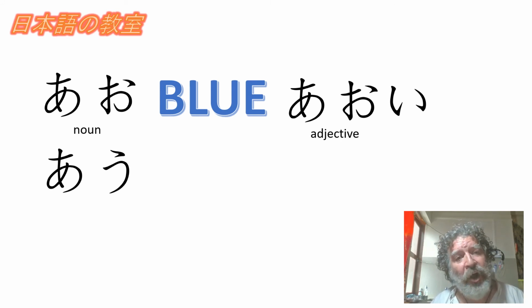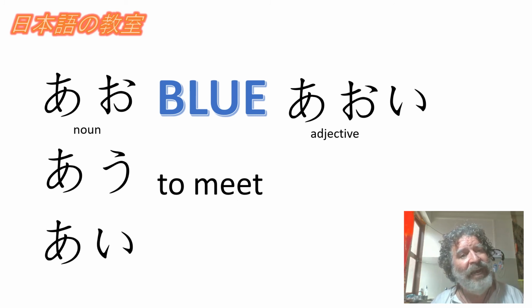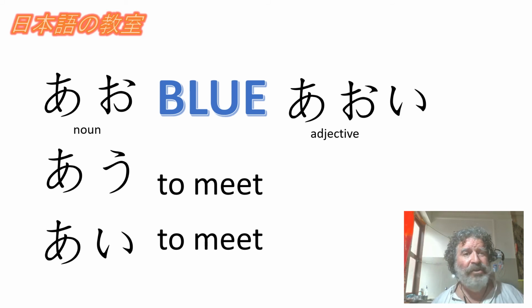Au. And au is a verb which means to meet. Au, to meet. Okay? And then we have ai, also meaning to meet. Actually, ai means just the stem. So au is called the dictionary form of the verb. You may want to start a verb list, and au is going to be the first verb on your list. And ai is the verb stem.